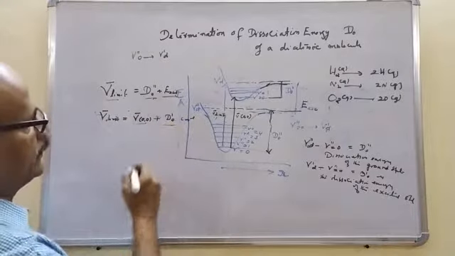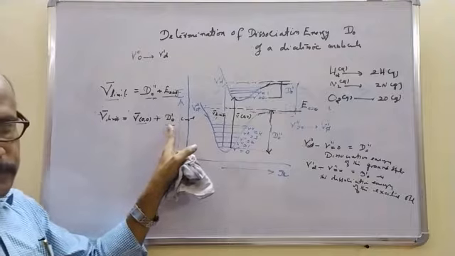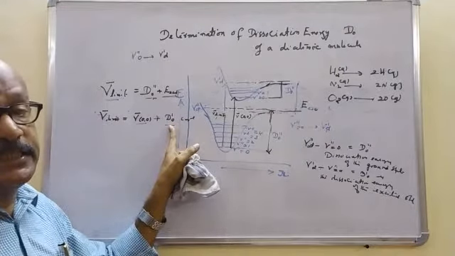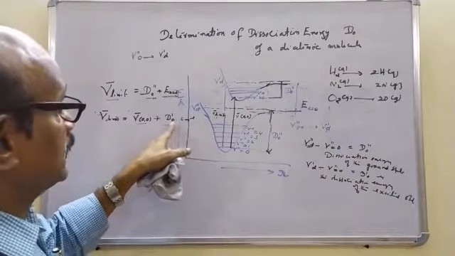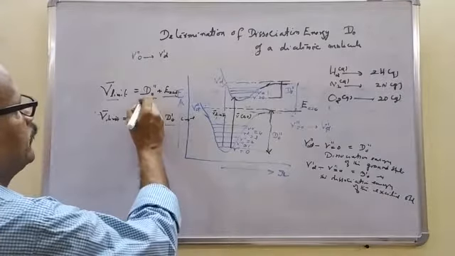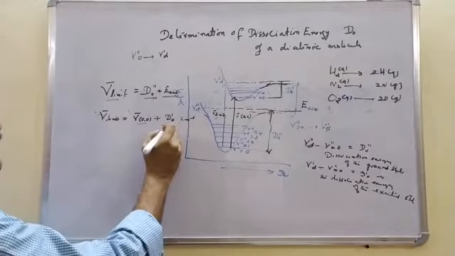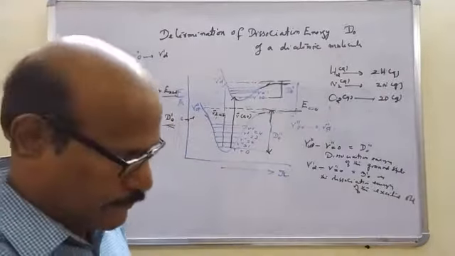Thus we can determine D′0, the dissociation energy of the excited state of the molecule. We can determine both the ground state dissociation energy and the excited state dissociation energy of the molecule.